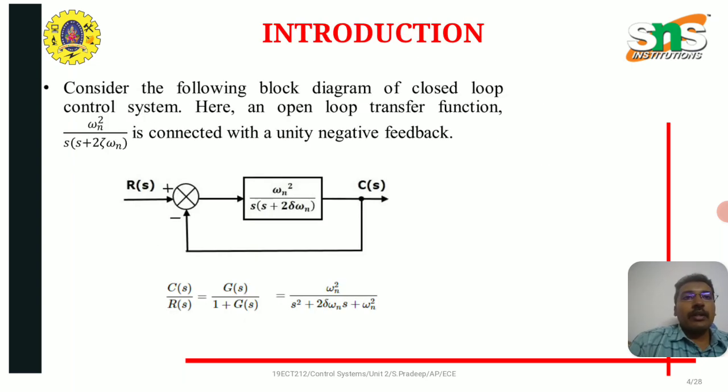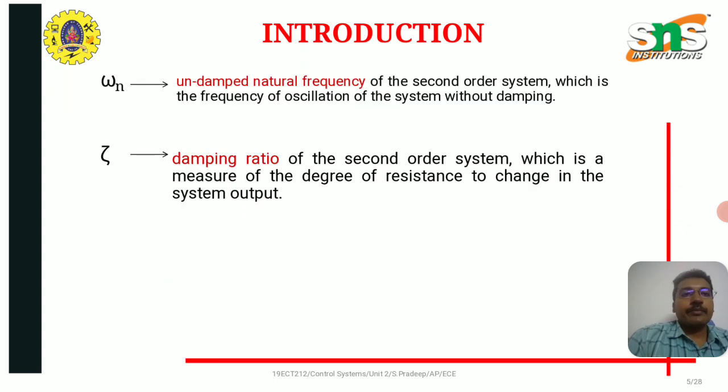Consider the following block diagram of a closed loop control system. Here an open loop transfer function omega n square divided by s into s plus 2 tau omega n is connected with a unity negative feedback, where C(s) divided by R(s) equals omega n square divided by s square plus 2 tau omega n s plus omega n square, where omega n is the undamped natural frequency of the second order system, which is the frequency of oscillation of the system without damping.